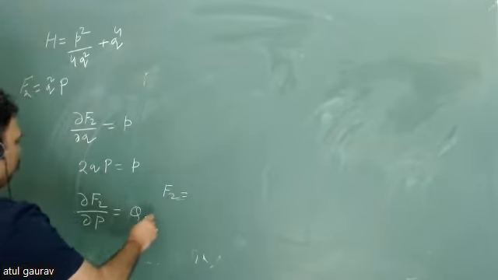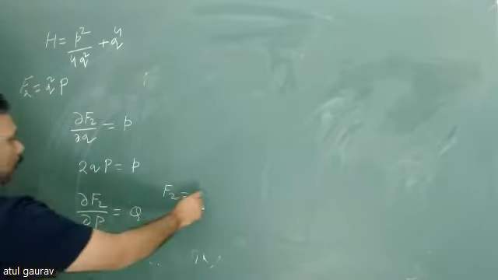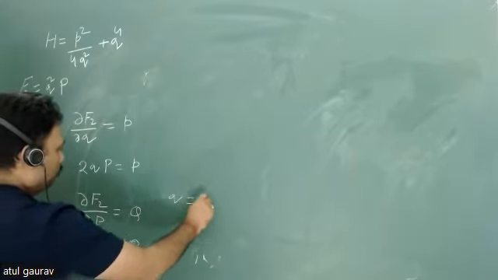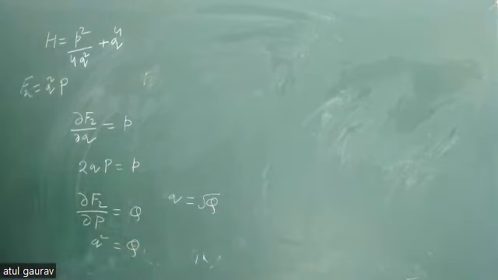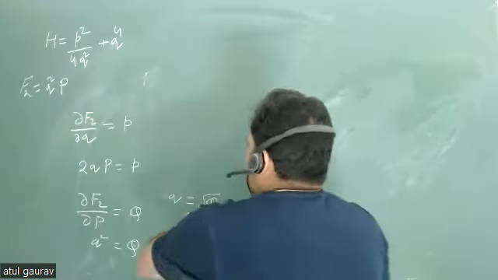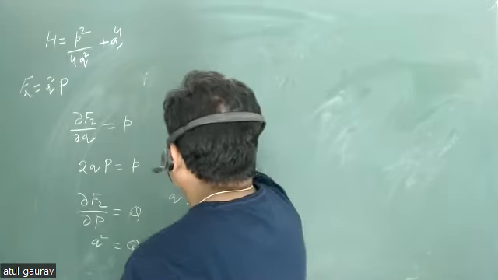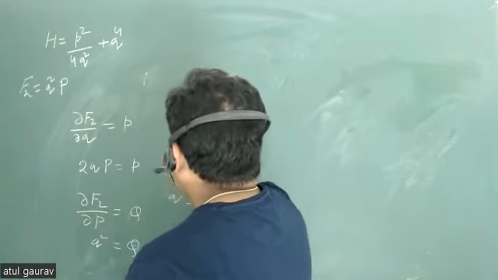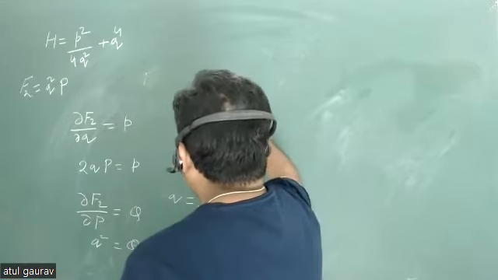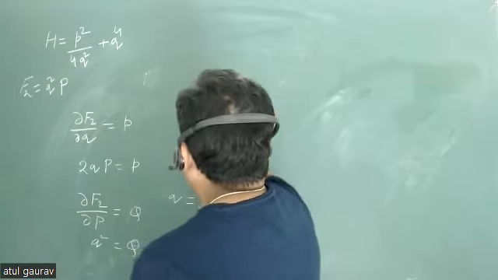When we differentiate it, we will get q square is equal to capital Q. So q is nothing but root under Q. Are you happy? Yes, sir. And now I can put this q here and get the P. What is my small p? My small p is 2 root under Q and capital P.